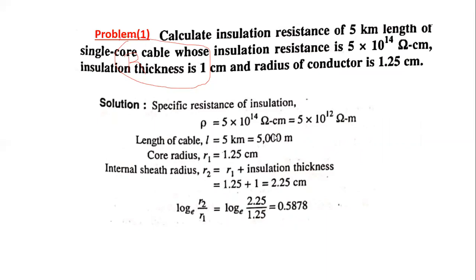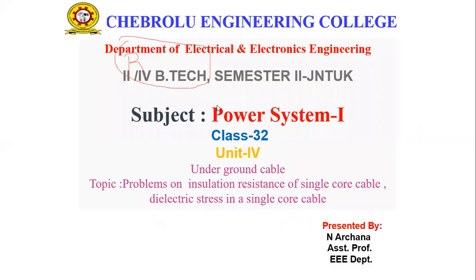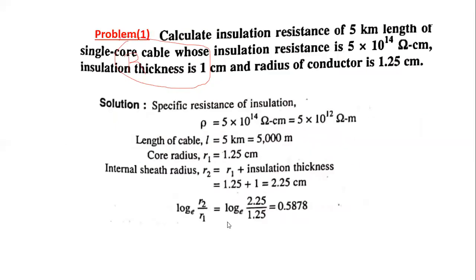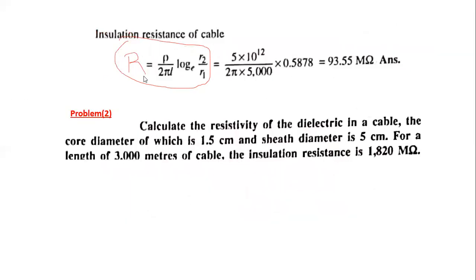That is 500 meters. What is the value for log e R2 by R1? That is 0.5878. This is the insulation resistance of the cable. Therefore, the insulation resistance is 93.55 milli ohm.